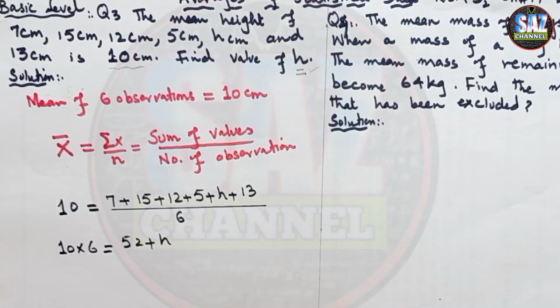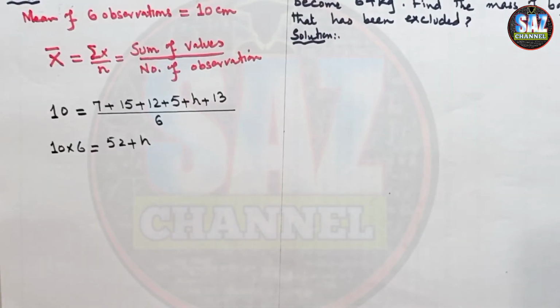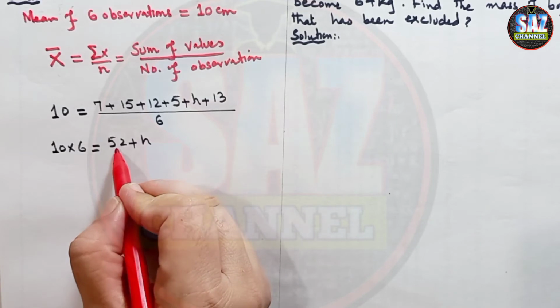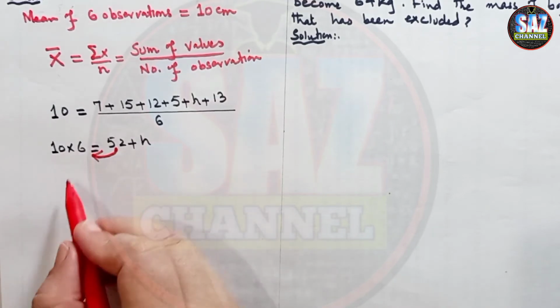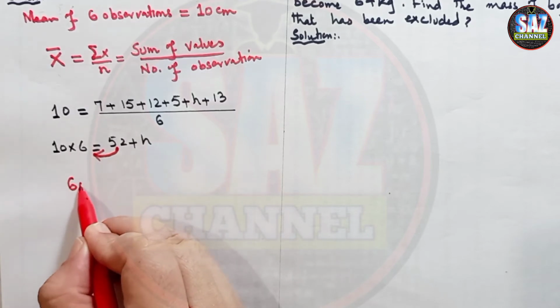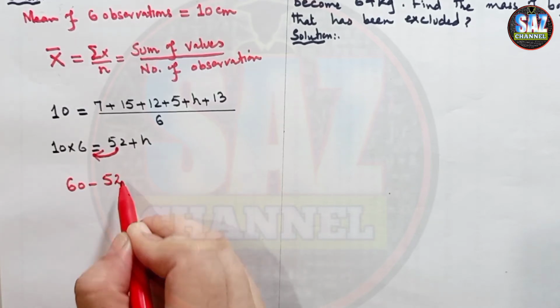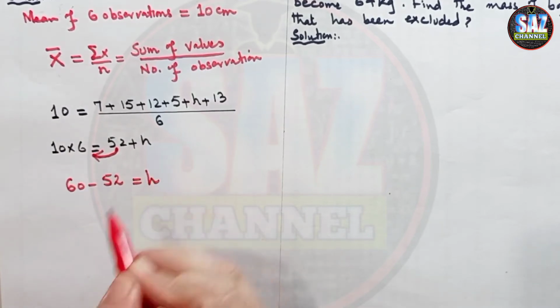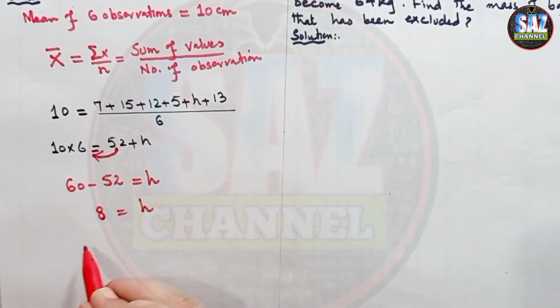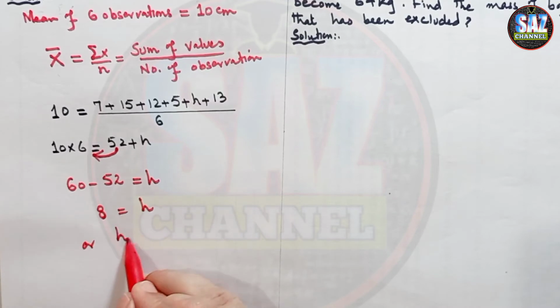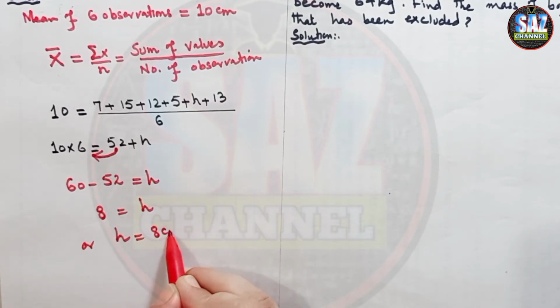Now it's a simple linear equation. What we can do is shift this 52 to the other side. 10 times 6 is 60, minus 52 is equal to h, and this is 8 equals h, or h equals 8 centimeter. Very easy question.